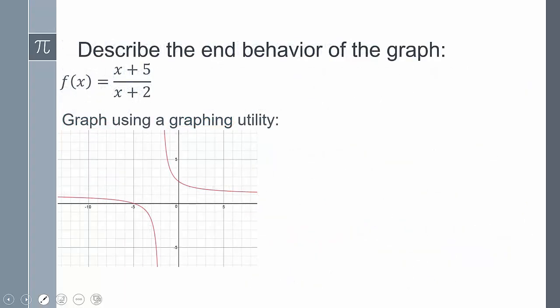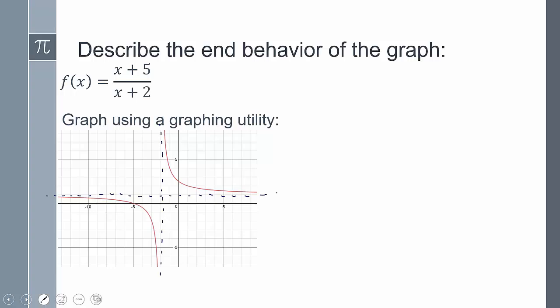So here we go. Describe the end behavior of the graph. If you graph using a graphing utility, I just took x plus 5 over x plus 2. Now we can start writing what my x is doing. Here are my asymptotes. We have one right here, which looks like it's at -2. And then here, it looks like y is 1.